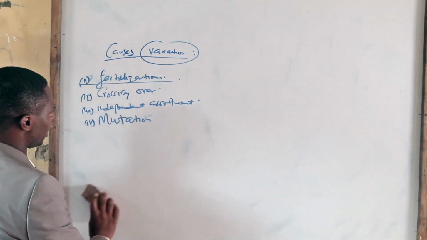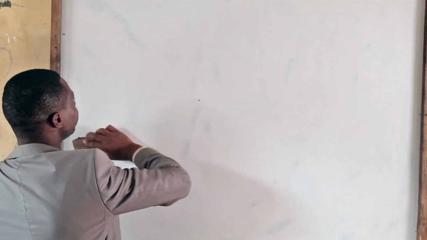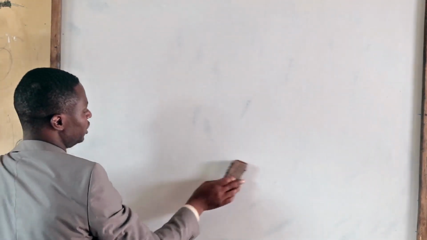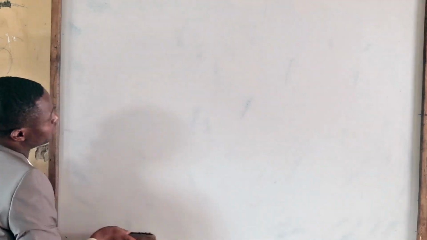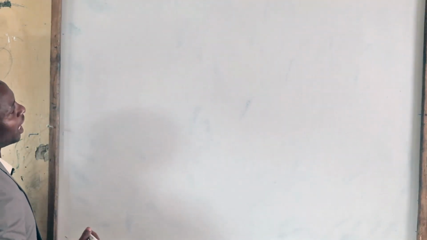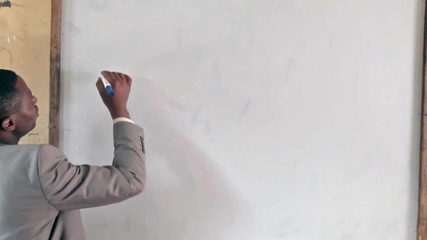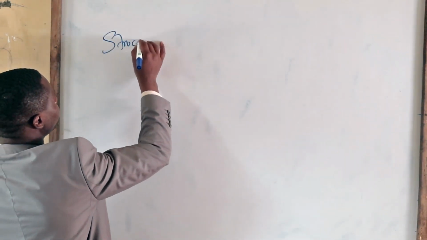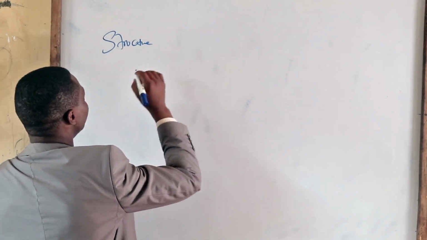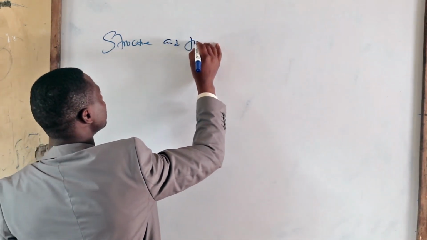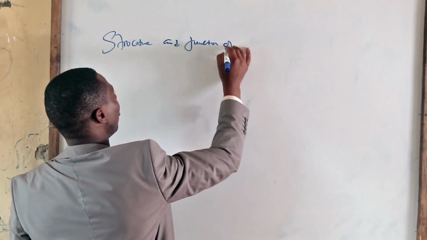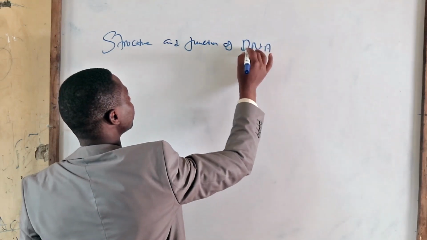So after you have seen the definition of genetics, inheritance, variation, types of variation, and causes of variation, we are going to look at the structure and function of DNA.